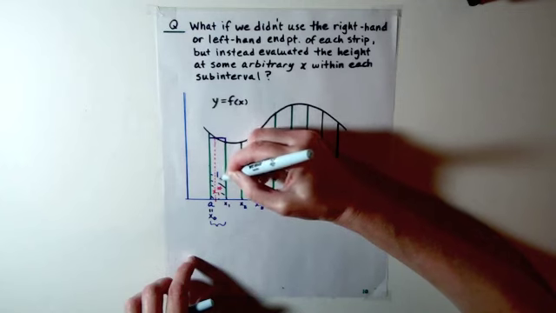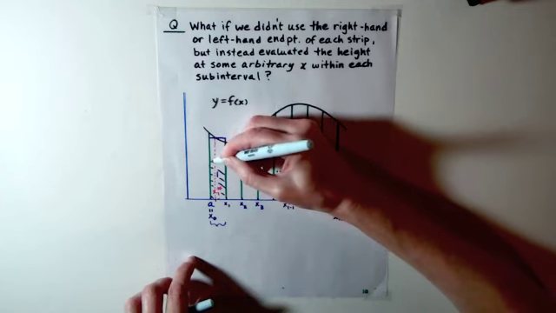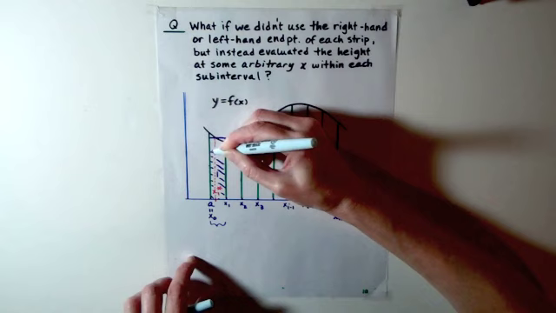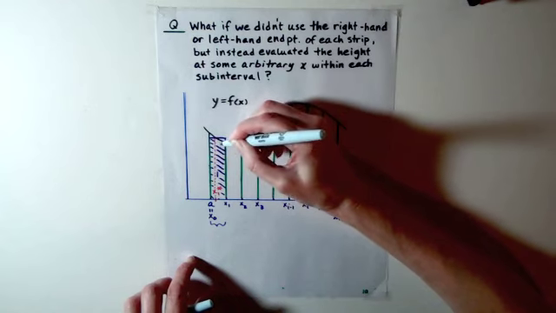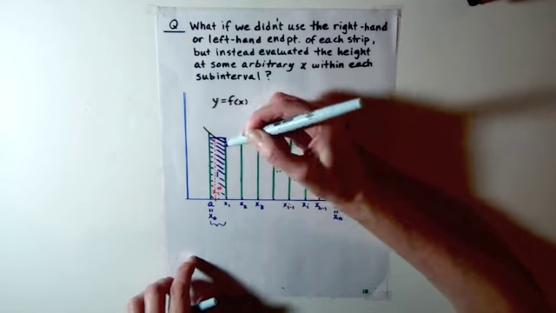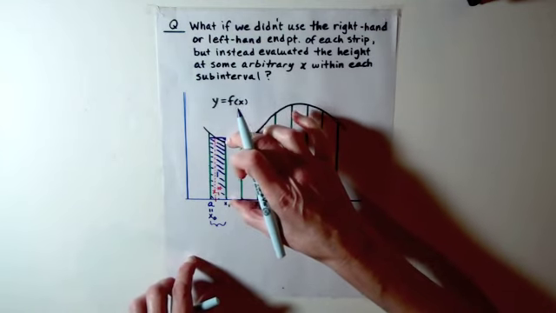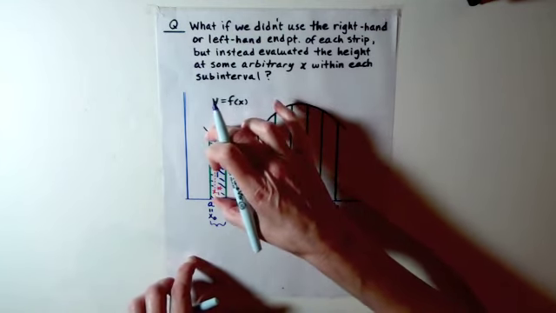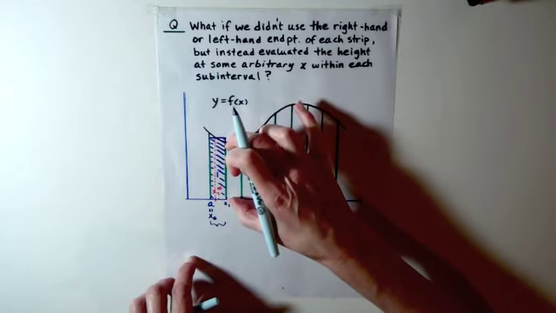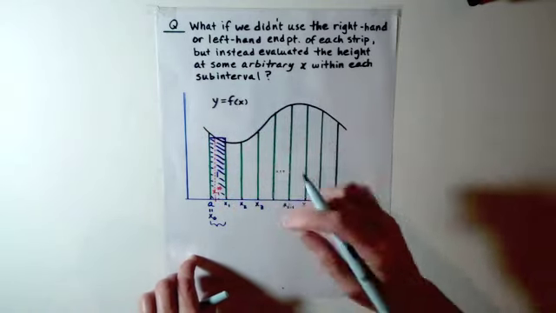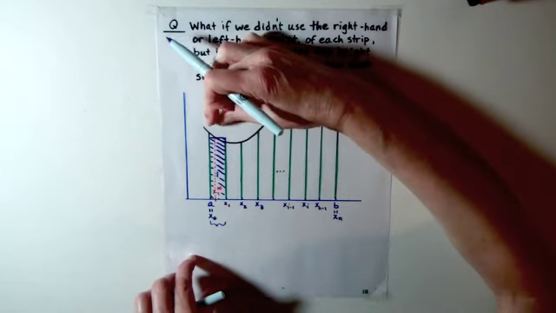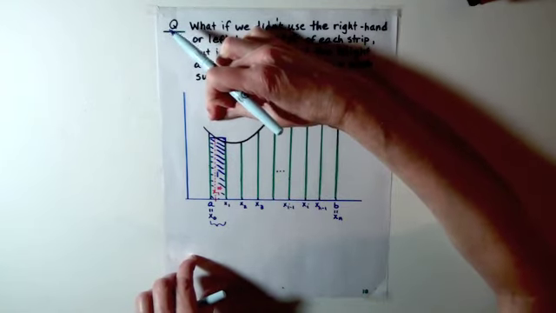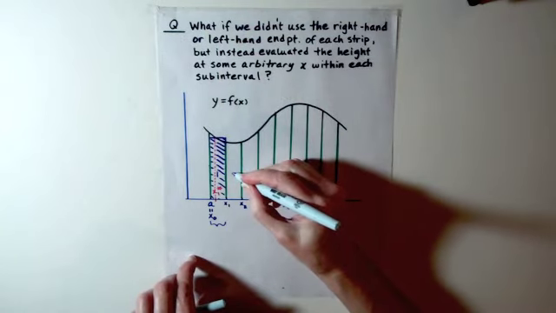I won't shade it in too much so that we can see that red line, but my rectangle would look like this now. And at least for this curve and the way I've drawn it, it's a rectangle that has a height that's kind of intermediate between the left-hand height and the right-hand height. But it's some rectangle, and I think you can see that it still approximates the area under the curve on that little strip.